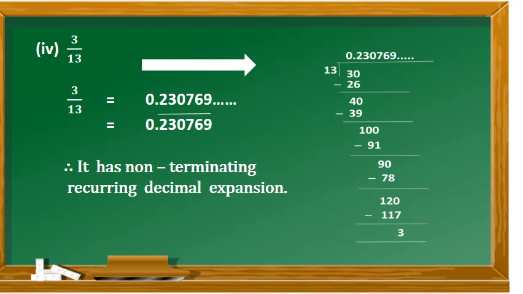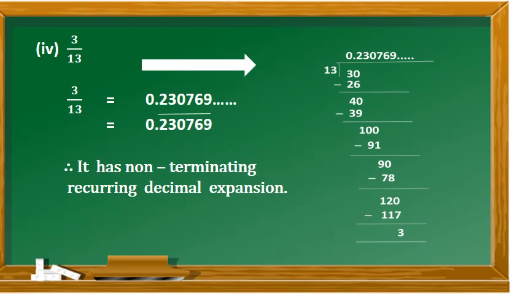Again add a 0 such that it becomes 90. 13 divides 90 6 times, that is 13 6s are 78, and 90 minus 78 gives the remainder 12.